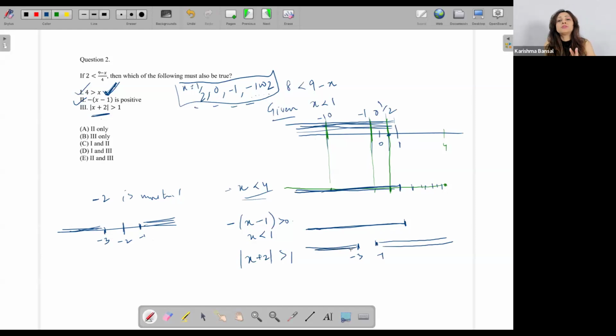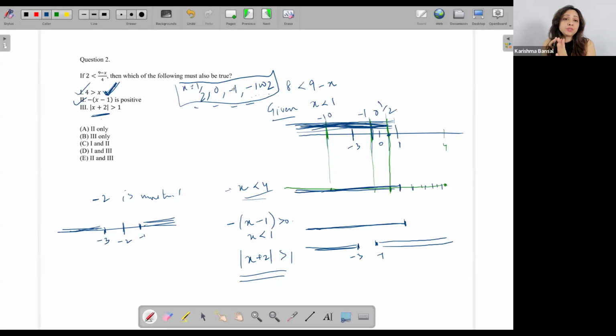Now, for all my values of x, is this true? Does it cover my entire given region of x? My given region of x is this entire region. Does it cover the entire region? No, it does not. It does not cover the region in between -1 and -3. These points are not covered. What does that mean? It means that x equal to -2 is also possible over here, right?